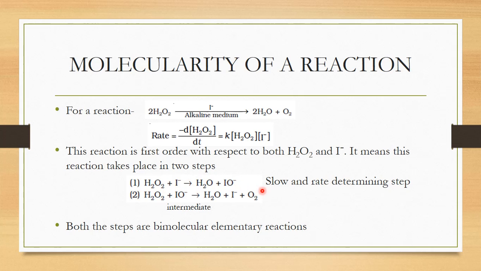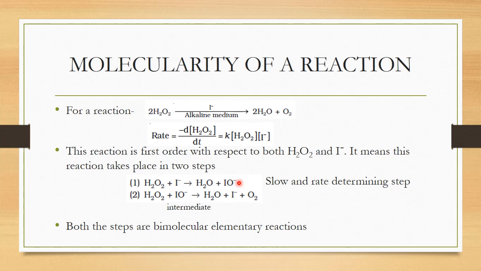Let us write the slow and rate determining step first. Here it is H2O2 plus I⁻. This slow and rate determining step you can write by taking the help of this rate law. From the rate law, it is clear 1 mole of H2O2 and 1 mole of I⁻ react to form H2O and IO⁻.